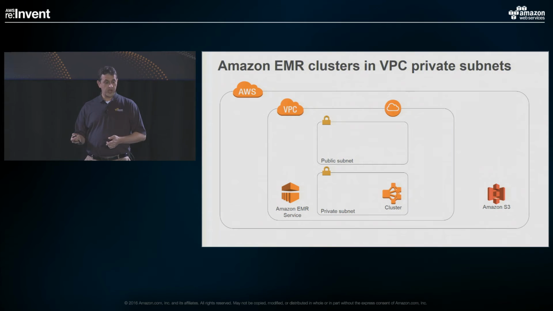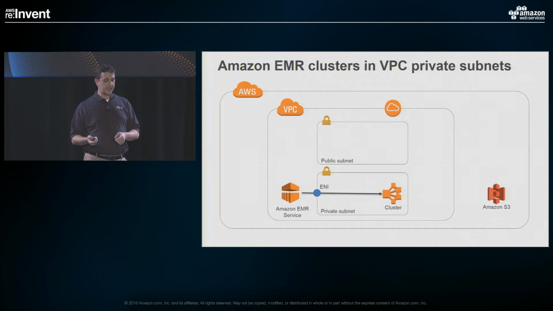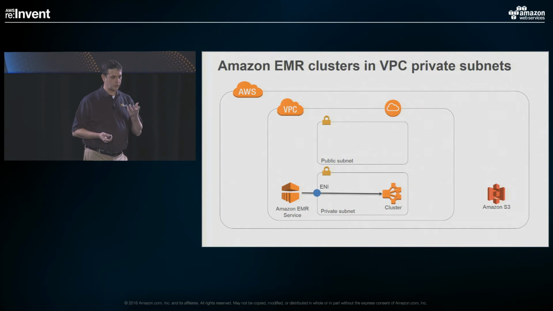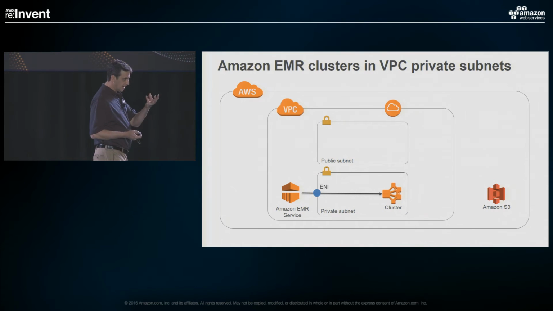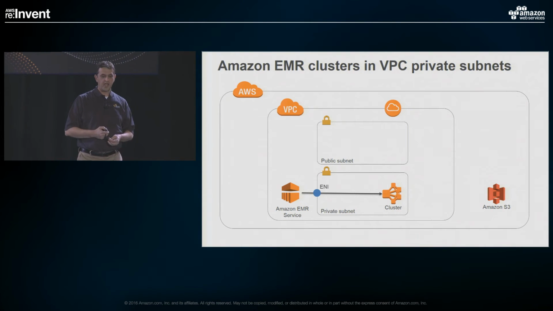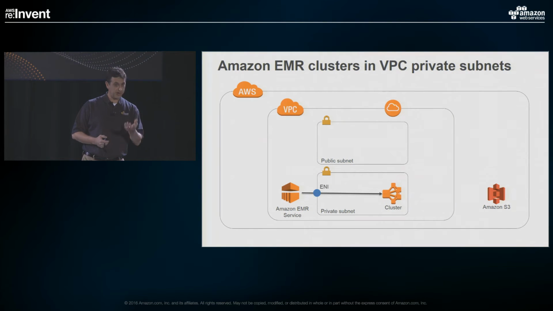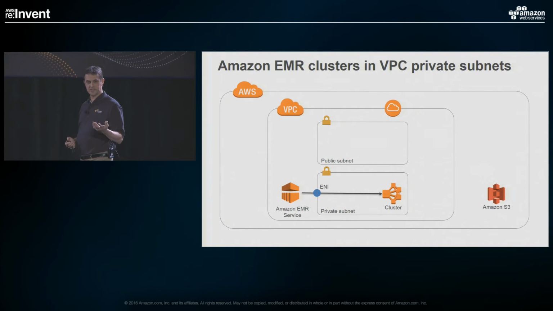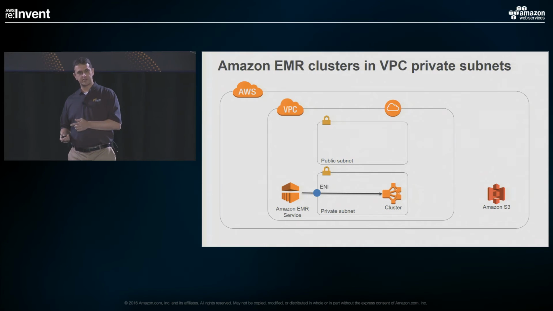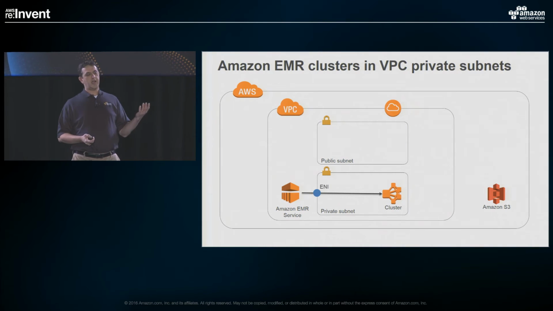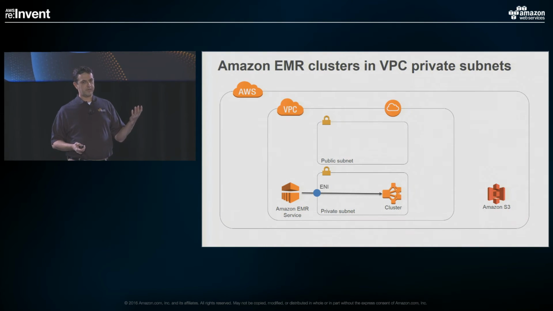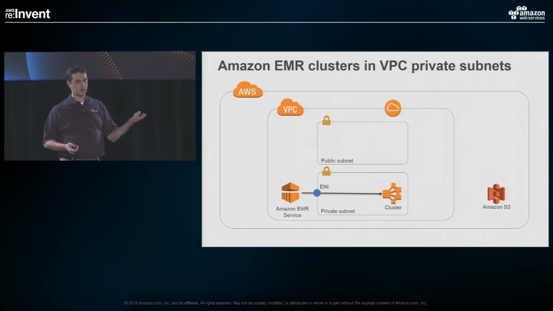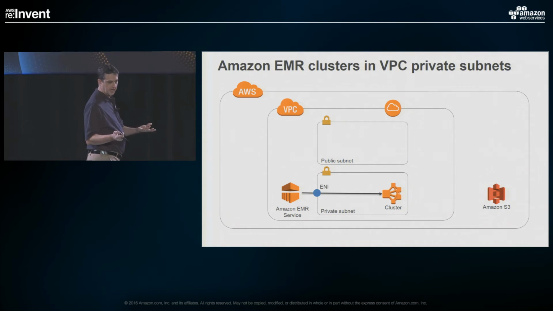Now, with the S3 endpoints being available, the service places an ENI in your VPC that is owned by you, but managed by the EMR service to provide connectivity from and or between the EMR web service and your cluster running on EC2 instances.